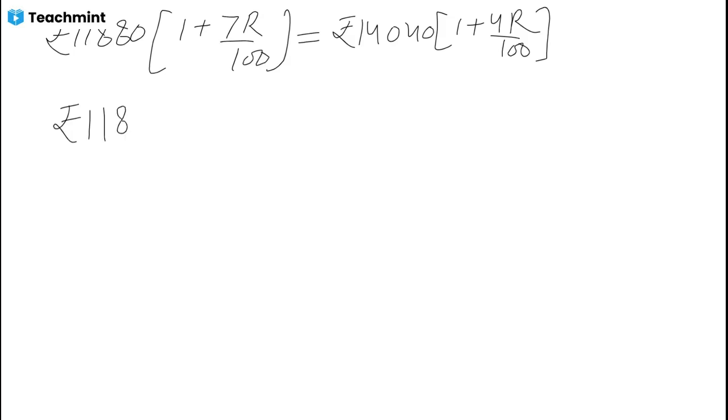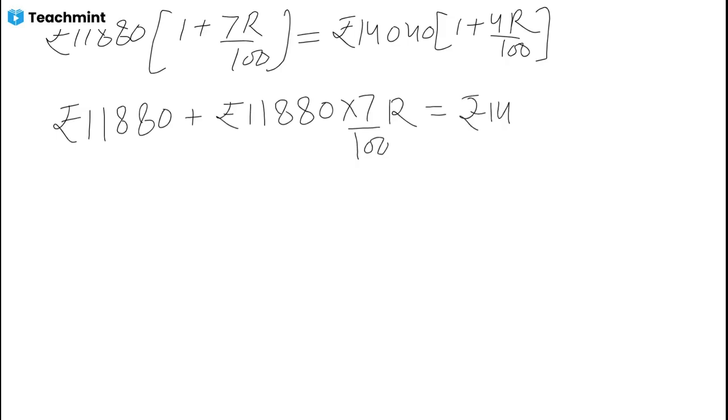11,880 we are multiplying with 1, so plus, let us multiply now with 7 rupees, 11,880 into 7 over 100 r is equal to rupees 14,040 plus 14,040 with 4r over 100.